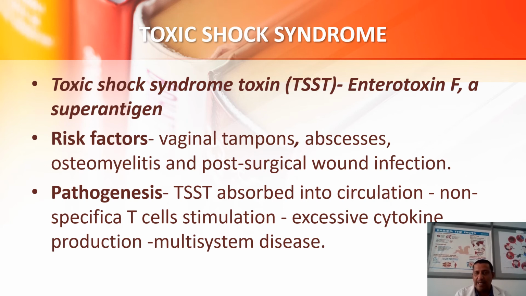Staphylococcus is a commensal of the vaginal tract, or the tampons may be contaminated with Staphylococcus aureus, and blood is a very nice medium for it to grow. The Staphylococcus multiplies in the blood in the tampon and starts producing the toxin. This toxin is absorbed through the vaginal route, goes into the systemic circulation and produces shock and death of the patient. So many women died due to the usage of tampons.